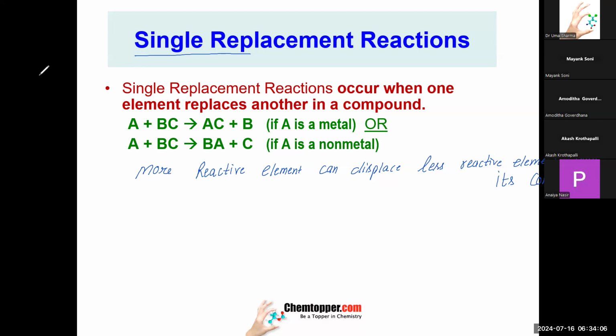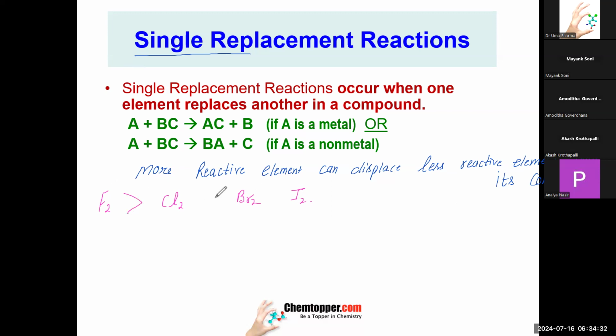So ready to understand this? You know halogens are very reactive nonmetals. What is the order of reactivity of the halogens as you move down the group? Which one is most reactive? Which one is least reactive? Yes, very good, Ananya. Very good, Mayank.